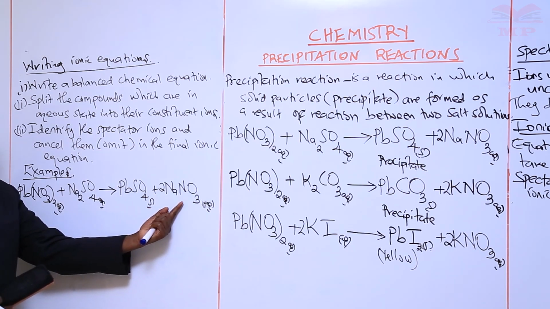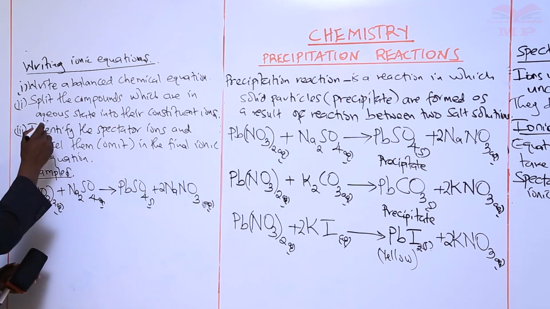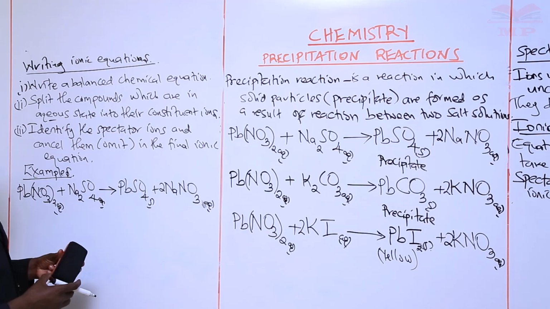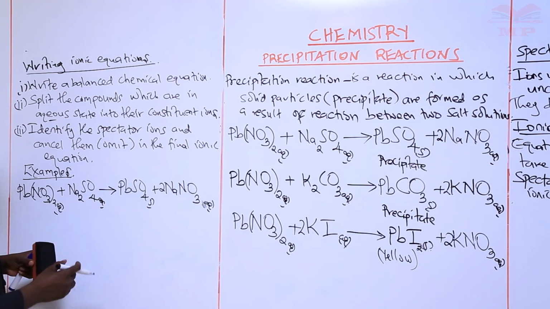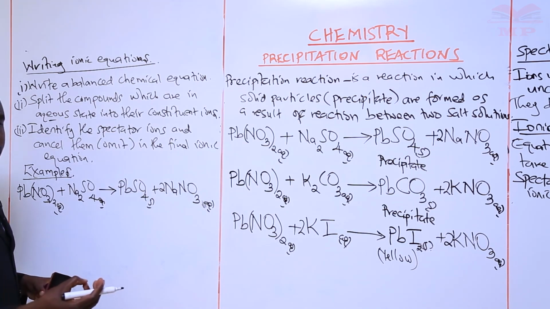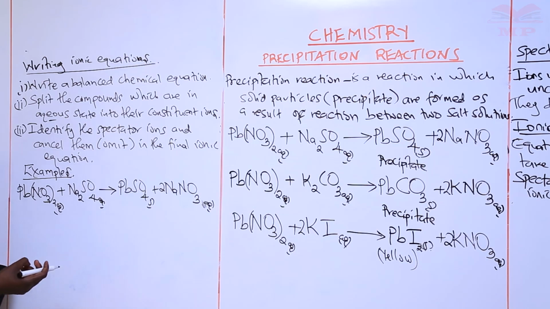This one is aqueous. So you split those ones which are in aqueous state, the compounds into their constituent ions. So lead nitrate contains lead ions and nitrate ions. Those are the ions which I'll write here. So I write lead ions, aqueous, and nitrate ions.